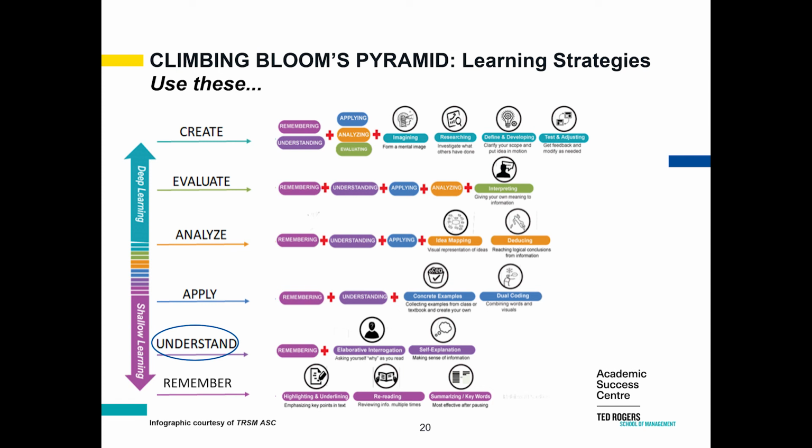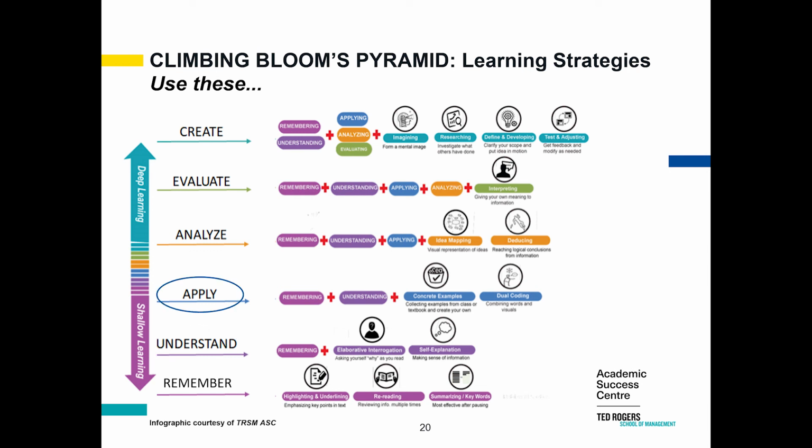For the next level, to understand the concepts, we have to use all the strategies from the previous stage of remembering, as well as adding 2 more learning strategies. These strategies are to conduct elaborative interrogation, where you ask yourself why as you read, and to make sense of information through self-explanation.